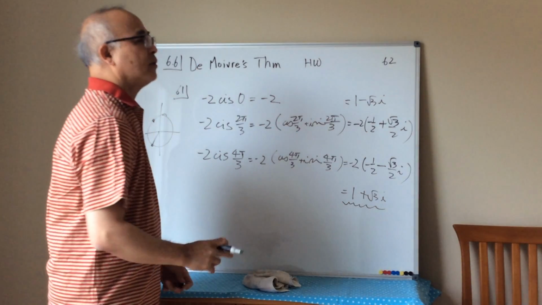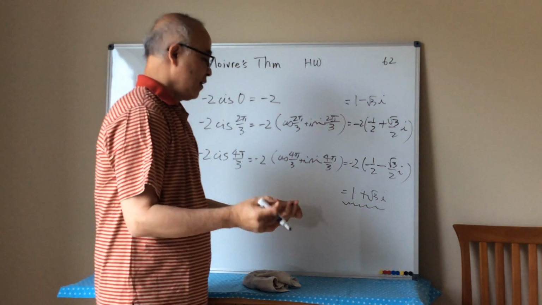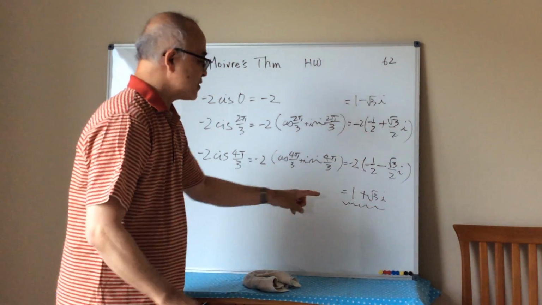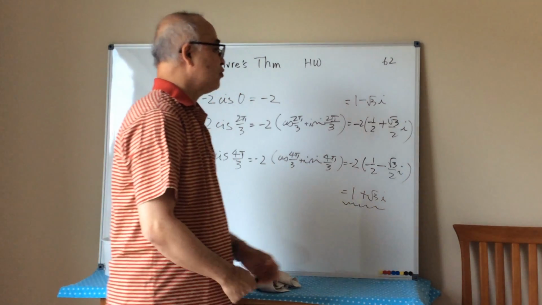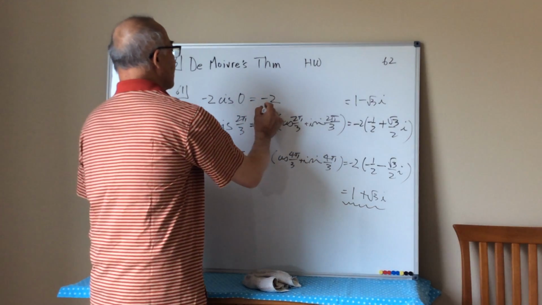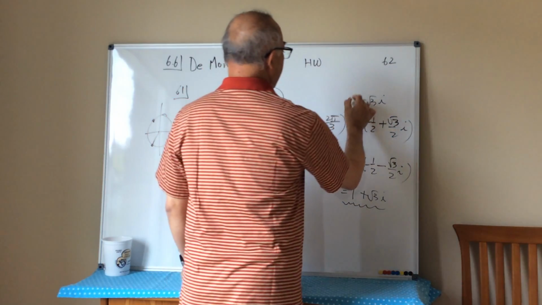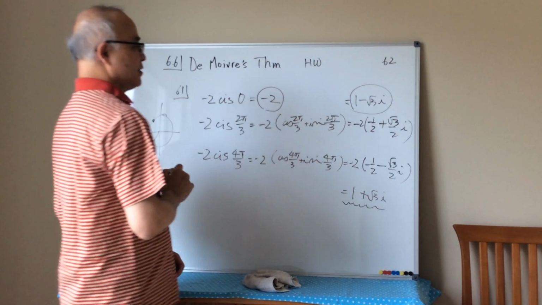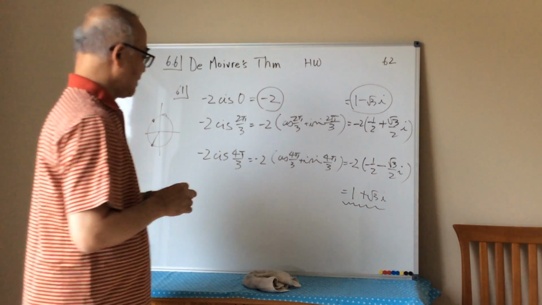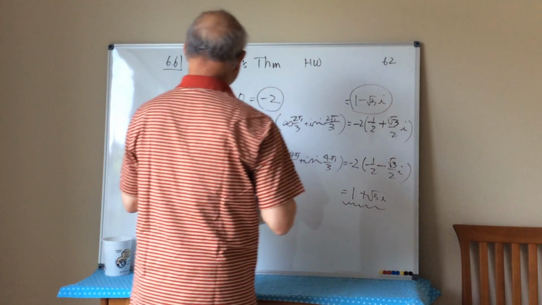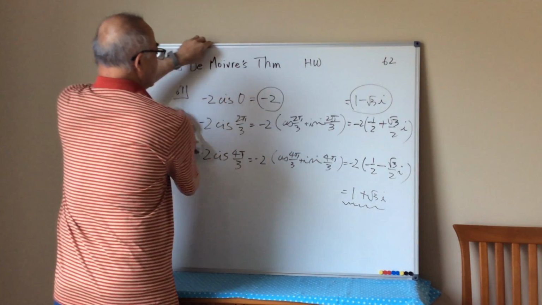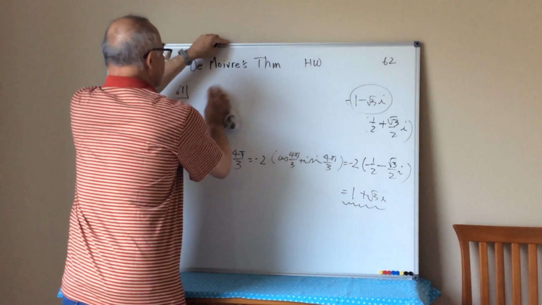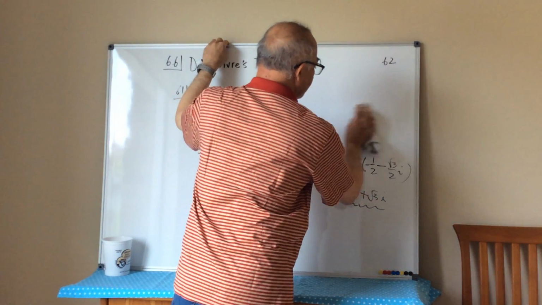So this is actually a good way to verify that we did the question correctly, because they've given us this one root, and the question was, what were the other two roots? So the other two roots would be this one and this one. That would be your answer. Again, it's a two-step process: you have to cube the one root that they gave you to find the original number, and then find the rest.